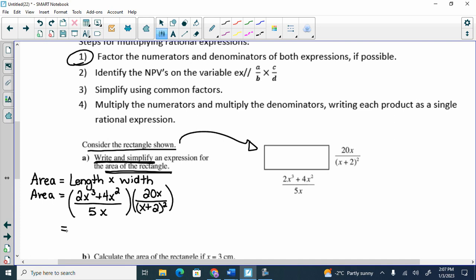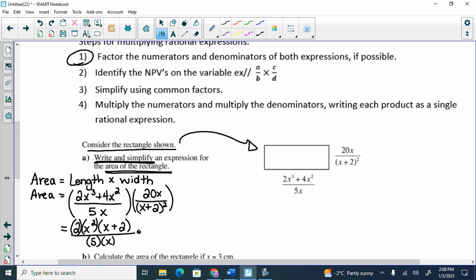So I have 2x cubed plus 4x squared. I can take out a 2x squared, and then 2x squared out of 2x cubed is an x. 4x squared, take out 2x squared is the plus 2. And the 2 and the x squared go in their own brackets. All over, 5x is a monomial, so the 5 and the x can go in their own brackets. You can do the big brackets, or you can do a dot in between.